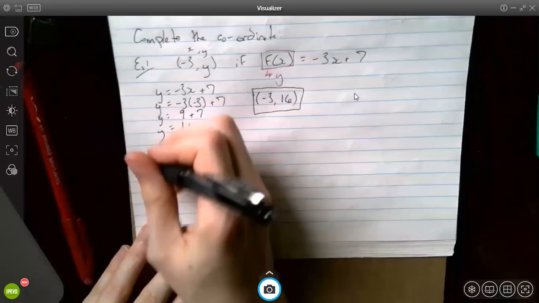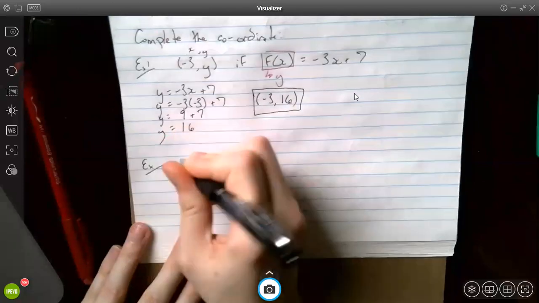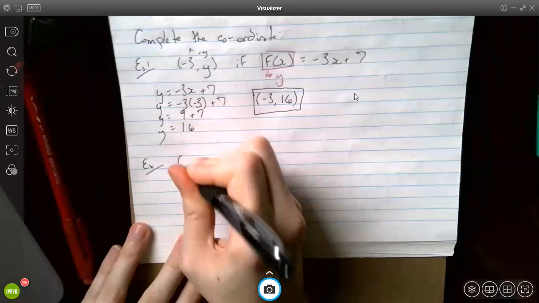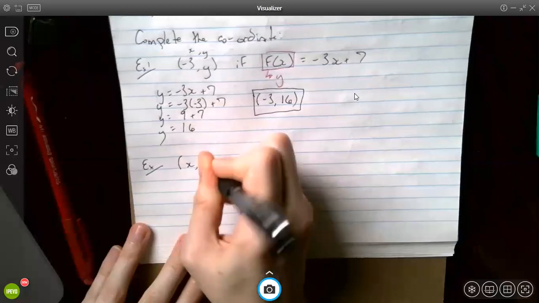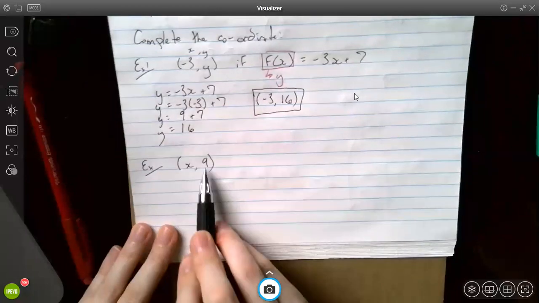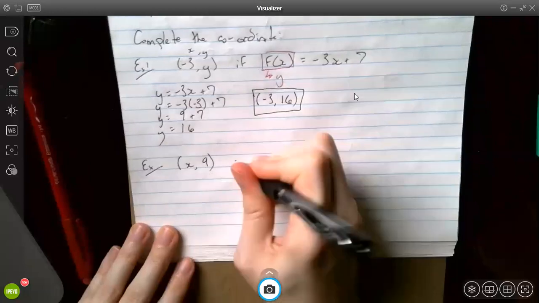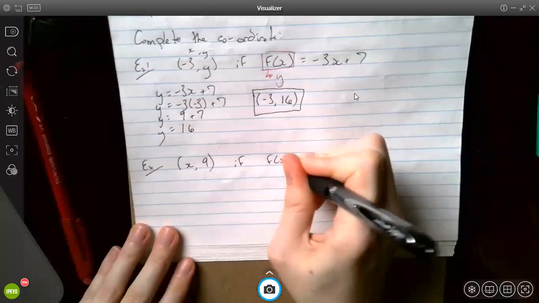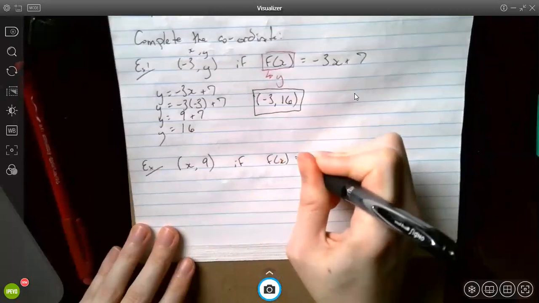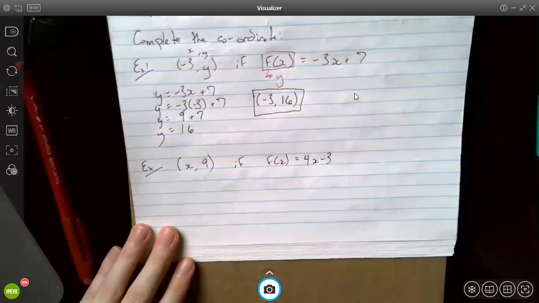Let's try it again if it's the other half of the coordinate that you're missing. So this time I'm missing my x value and given my y, if f of x equals 4x minus 3.